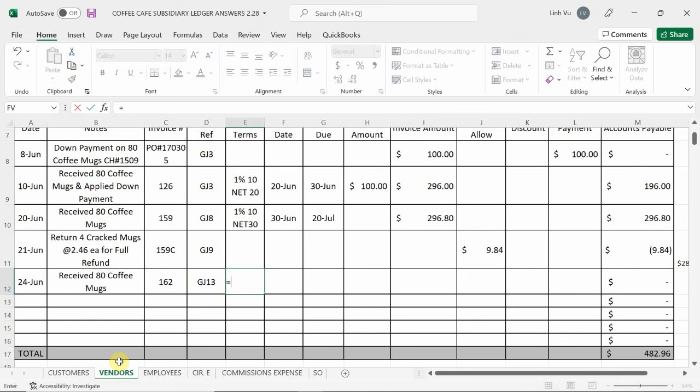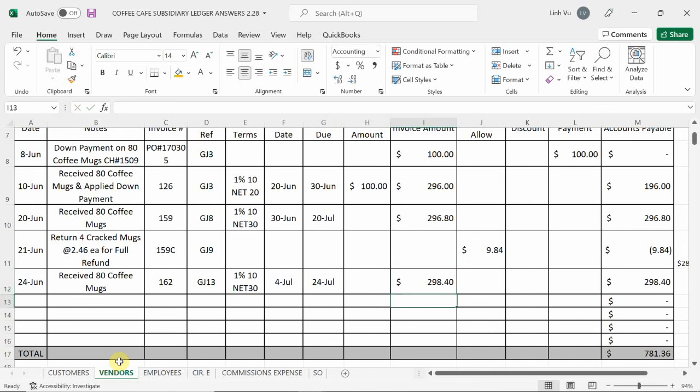Terms: they gave us a 1%, 10, net 30. So in this case, 10 days from now it would be the 4th. Correct? Because June only has 30 days. And if not, it's due in 30 days, so July 24th. And how much is it for? $298.40. And we didn't pay.